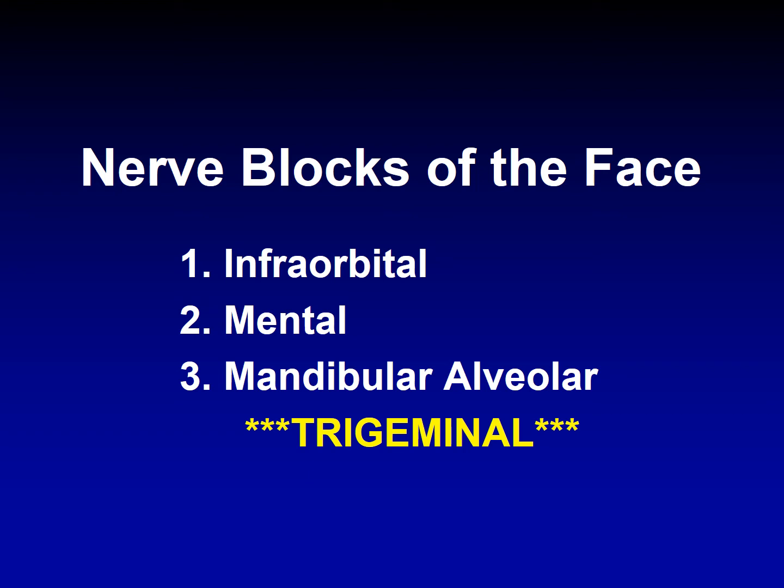And all of these nerve blocks correspond with the name of the nerve, which is a branch of the trigeminal, coming from the foramen that we've talked about. So the infraorbital nerve comes from the infraorbital foramen. The mental nerve comes from the mental foramen. Mandibular alveolar comes from the mandibular foramen. And all of these nerves, infraorbital nerve, mental nerve, mandibular alveolar nerve, are branches of the trigeminal nerve.